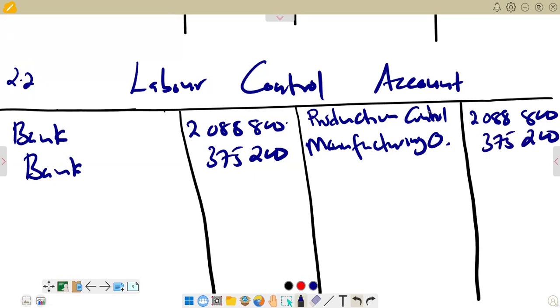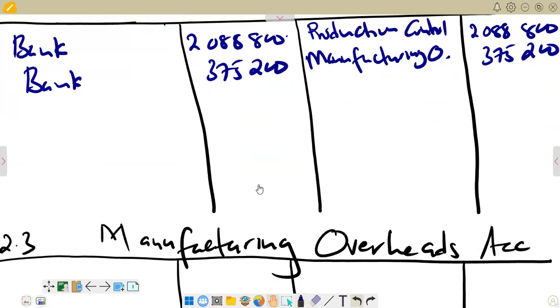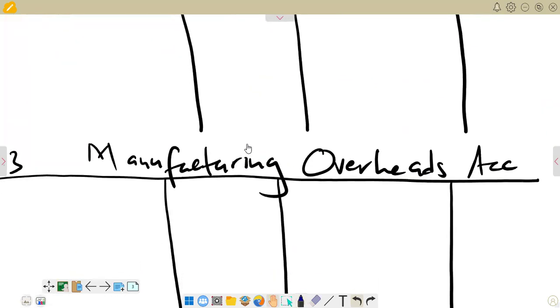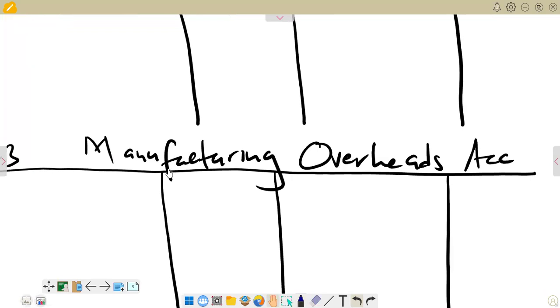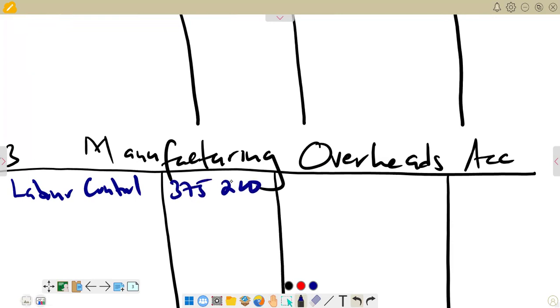So we're just going to pick production control and go again to manufacturing overheads. Let's start by debiting the manufacturing overheads account, 375,200. So we're saying labor control, the amount is coming from labor control, which is 375,200. Then we also have the one that is supposed to go to production control.